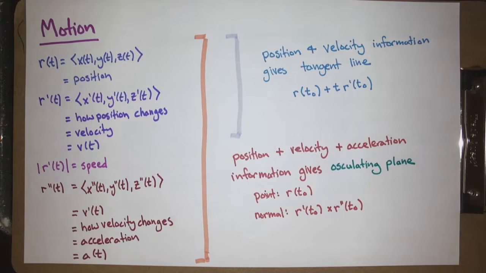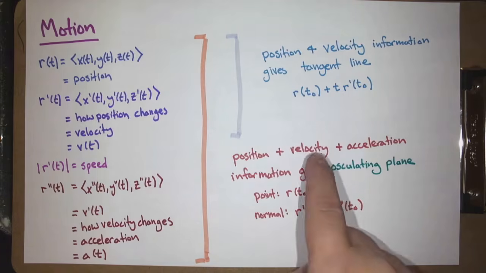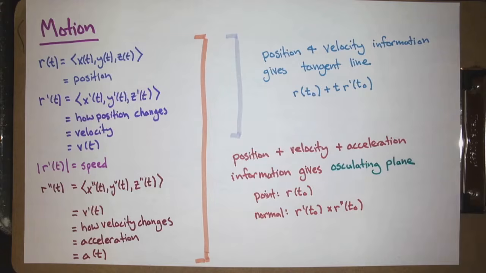What if I used not just position and velocity, but position, velocity and acceleration? Well, what do we have? Position we should think of as a point. Velocity and acceleration we should think of as vectors. So we have 1 point and 2 vectors. That says, aha, idea. Let's make a plane.